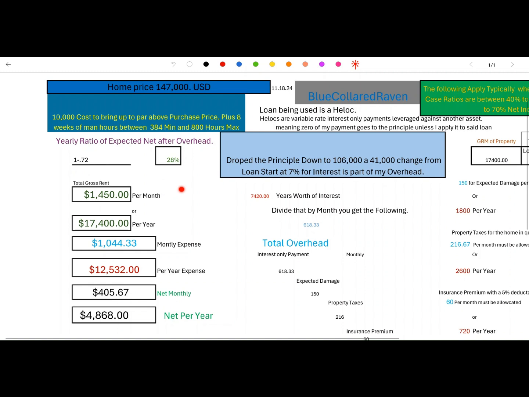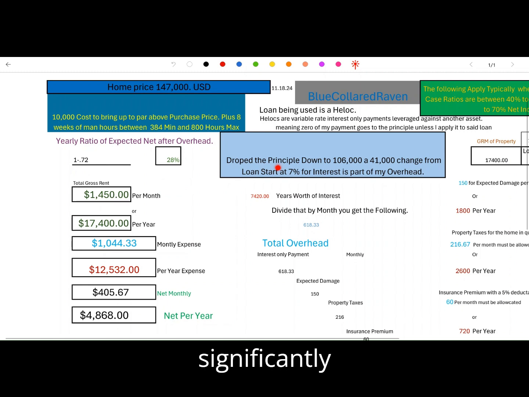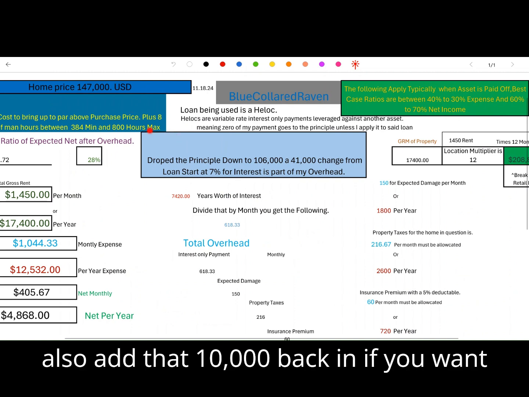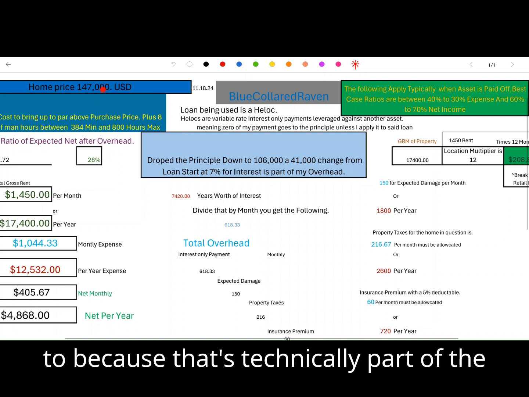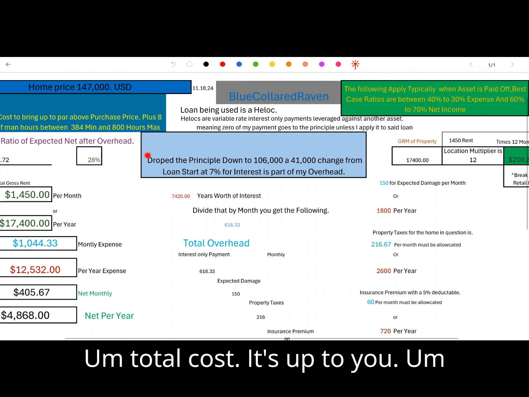Over the course of this time, I have been able to drop the loan significantly from the purchase price of the 147. You can also add that 10,000 back in if you want to, because that's technically part of the total cost. It's up to you.